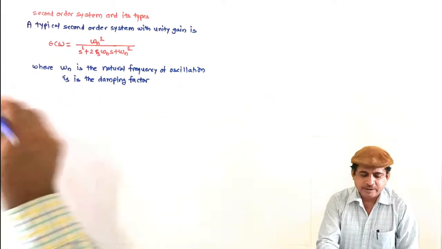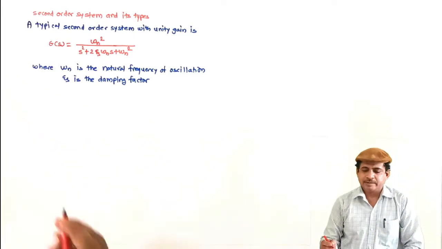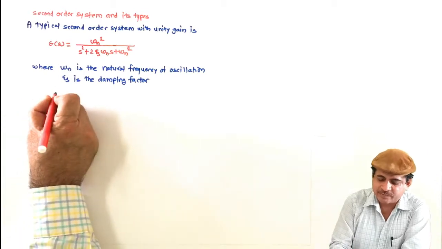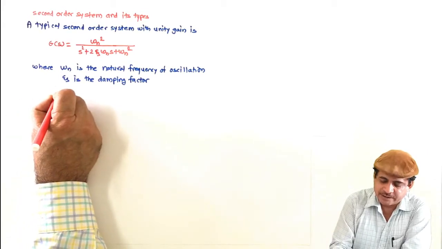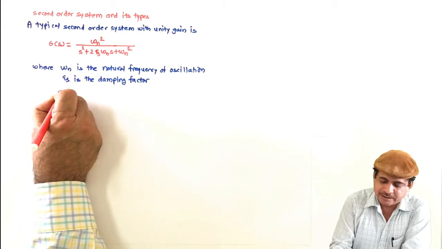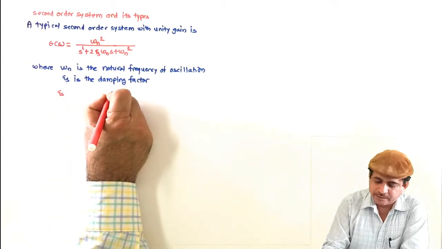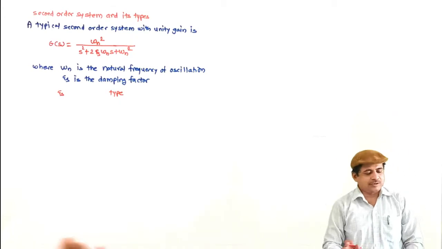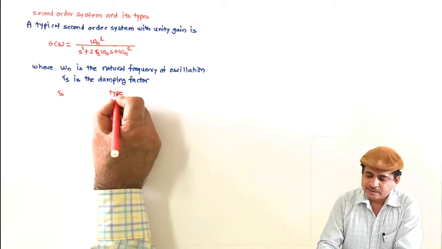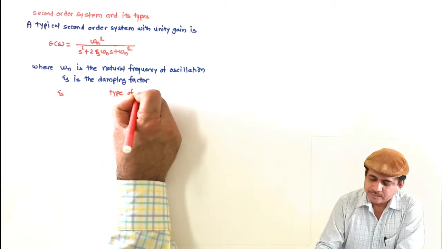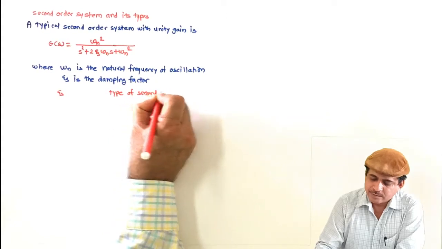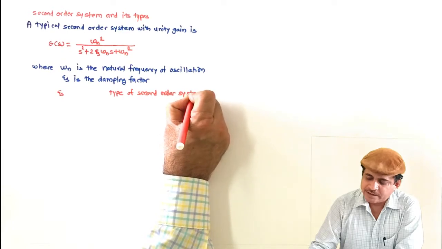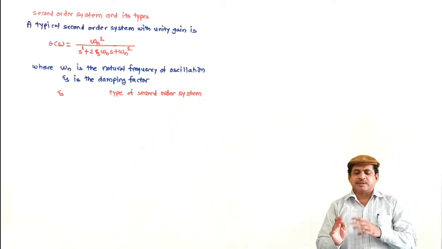So, according to this zeta, the second order system can be classified. Let us take the values of zeta and the type of system; the type of system has no relevance here.